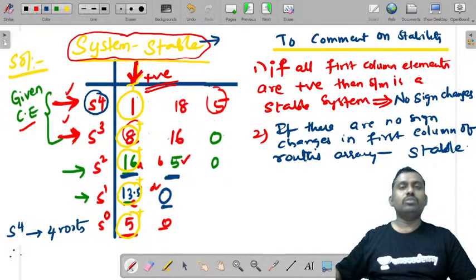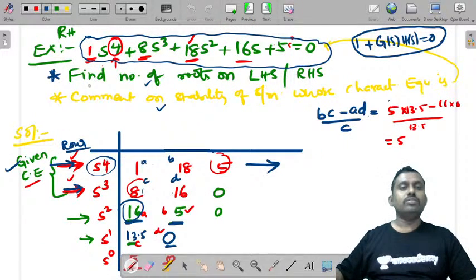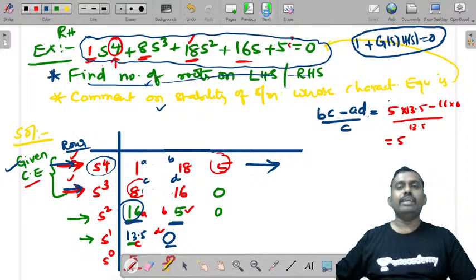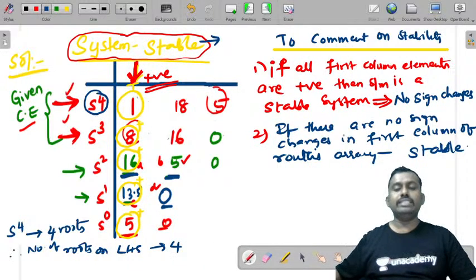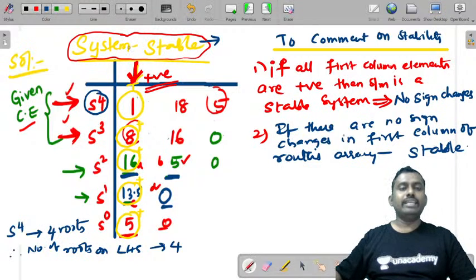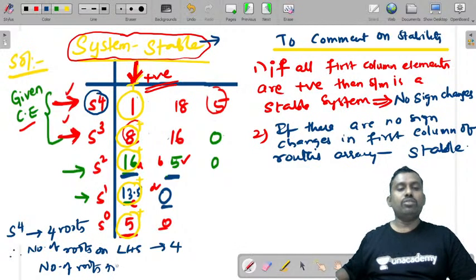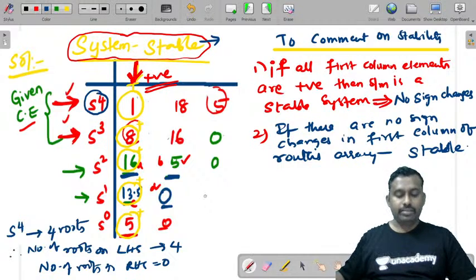The question asked was to find the number of roots on the left half and right half of the S-plane. So the number of roots on the left half of the S-plane is 4. Why? Because it is a stable system, there are no sign changes, and all the roots will be on the left half. The number of roots on the right half of the S-plane is 0.